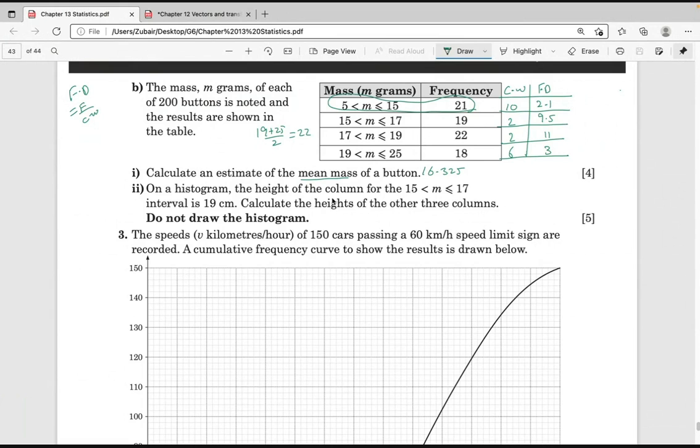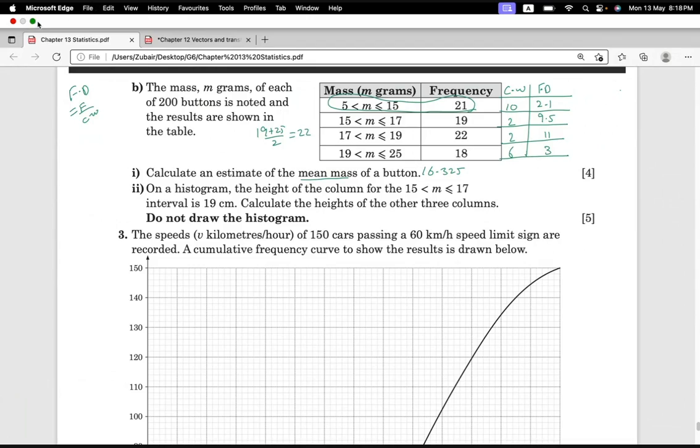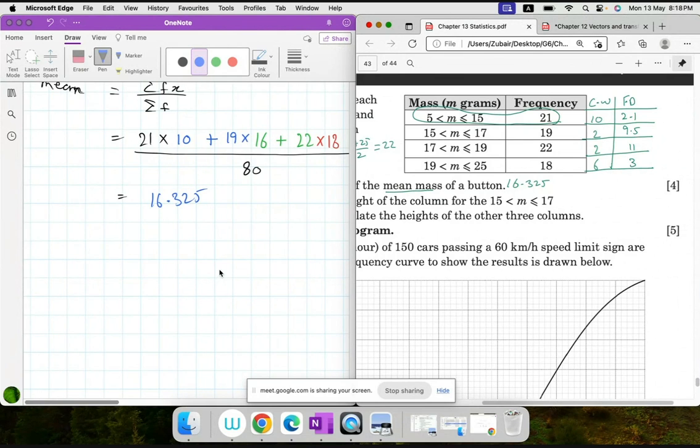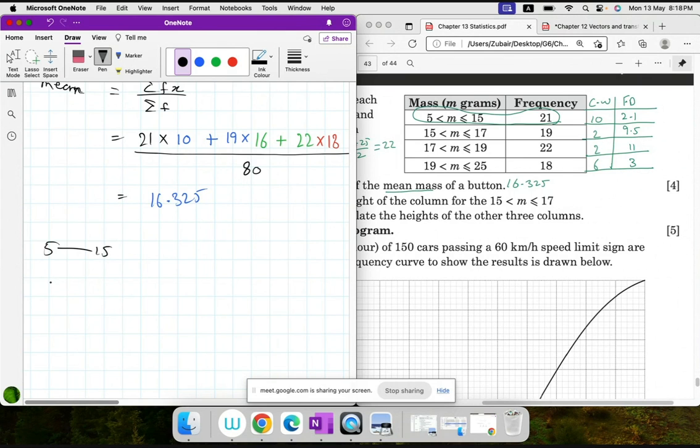On the histogram, the height of the column for the 15 to 17 interval is 19 centimeters. Calculate the height of the other three columns. Do not draw the histogram. Just for the writing space, I'm coming back over here, quickly recording these values. 5 to 15, 15 to 17, 17 to 19, 19 to 25.